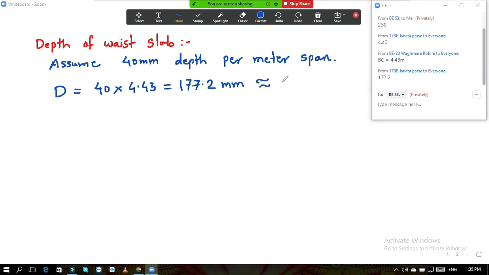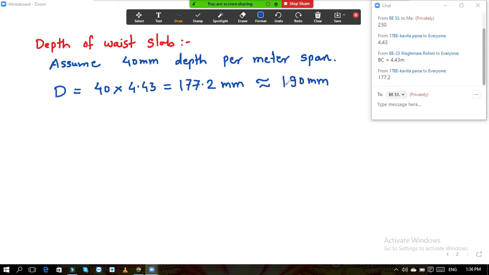So we round this depth to 190 mm. Let us keep on the safer side, because if it fails then we have to do all the calculations again. So instead of 180, I am keeping it at 190 mm.